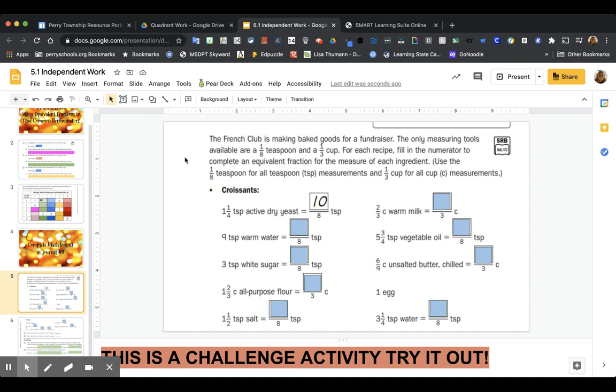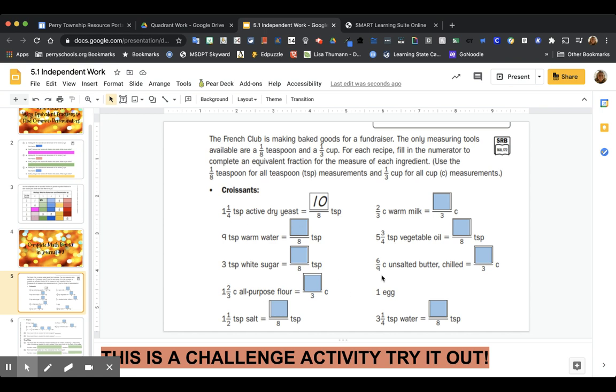But it says the French Club is making baked goods for a fundraiser. The only measuring tools available are a 1/8 teaspoon and a 1/3 cup. For each recipe, fill in the numerator to complete an equivalent fraction with the measure of each ingredient. And in parentheses, it says use the 1/8 teaspoon for all teaspoons, TSP measurements, and 1/3 cup for all cup, C, measurements.